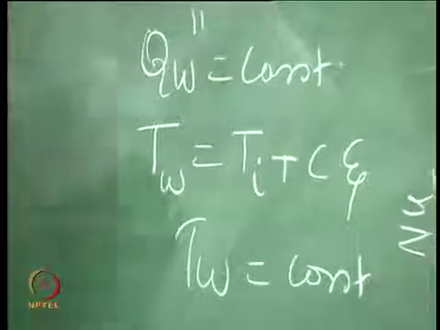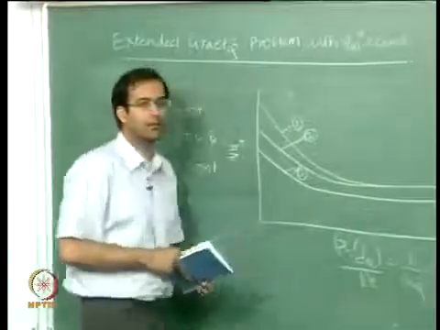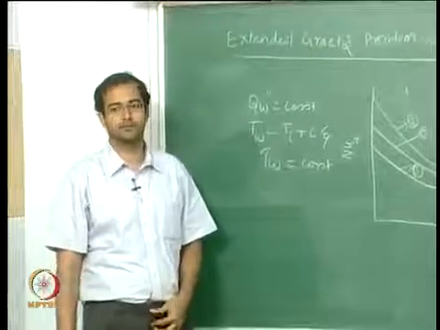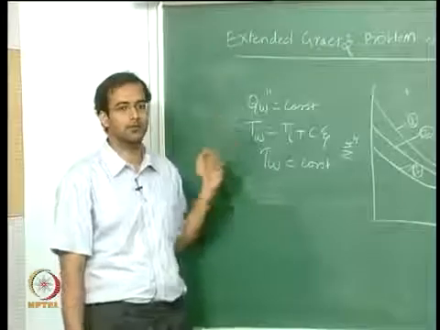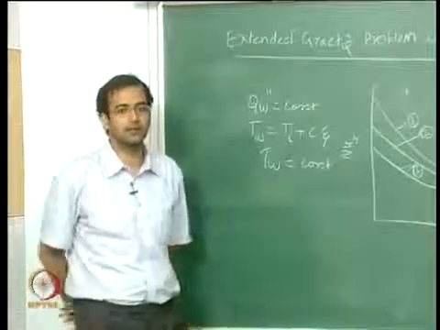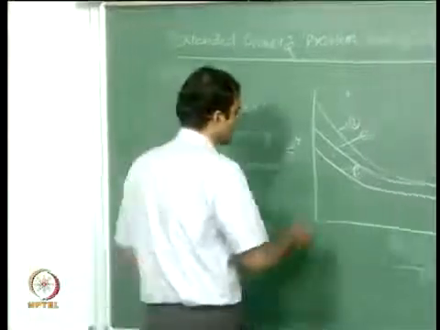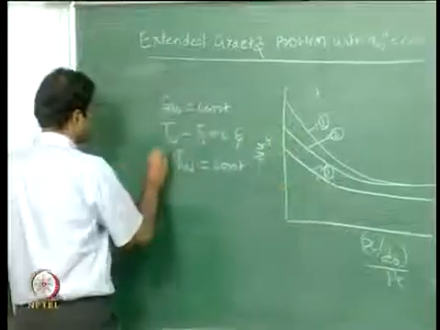So now I have marked here 1, 2, 3. You have to tell me which one corresponds to 1. Okay, let us start with 3. Out of these 3, which one do you think corresponds to number 3? Which boundary condition? T wall is constant. So that is number 3.